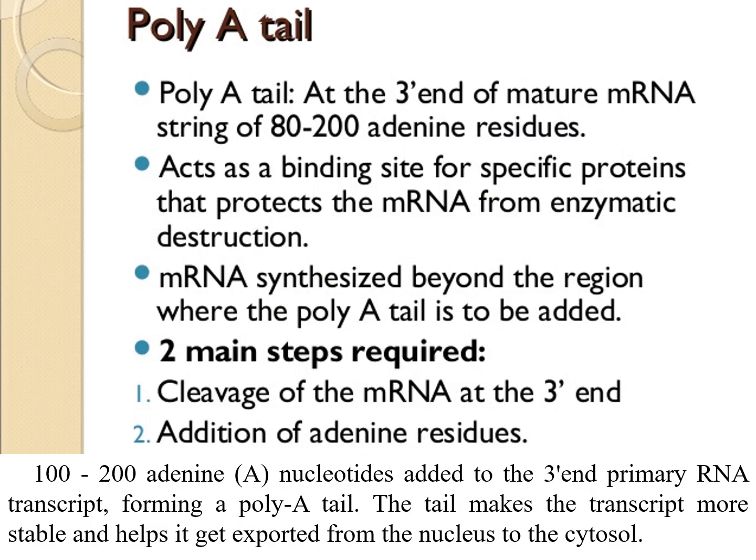The next one is poly A tailing. At the 3' end of the mature mRNA, around 80 to 200 adenine nucleotides are added. This 3' poly A tailing takes place to safeguard the mRNA, to protect the mRNA from nuclease activity. It also acts as a binding site for specific proteins that protect the mRNA from enzymatic degradation.